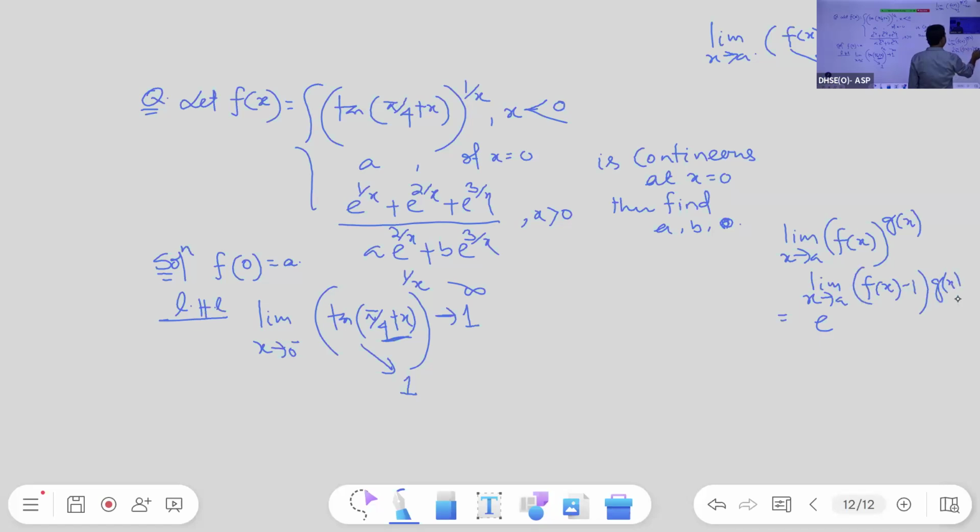Okay. So those who want to note it down, please note. This is how to find the limit of a function when it takes the indeterminate form 1 raised to the power infinity, right?